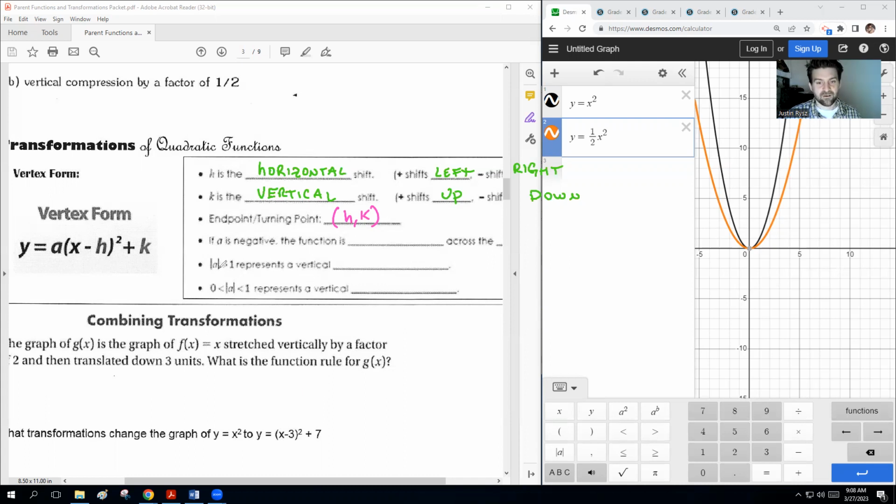All right, now if the a is greater than 1, we have a vertical stretch. And then if a is less than 1, we're going to have a vertical compression. Okay, I forgot to write this here: it is reflected across the x-axis.